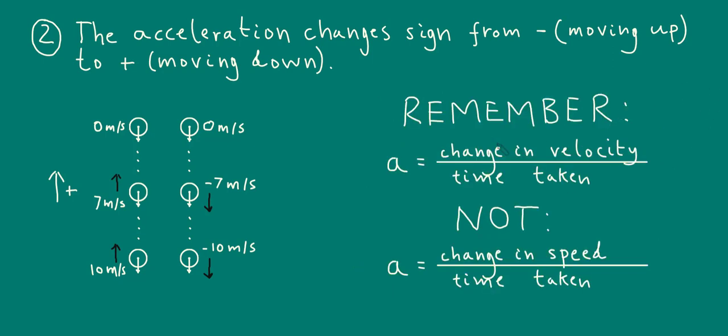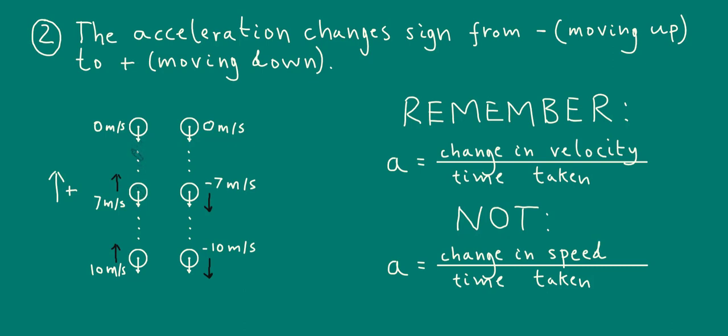Now, the reason why so many students fall into the trap of this mistake is that they forget that acceleration is fundamentally defined as the change in velocity divided by the time taken. It's not the change in speed divided by the time taken. Students make this mistake because they look at this scenario and say, okay, as the ball moves up, obviously it's slowing down, right?